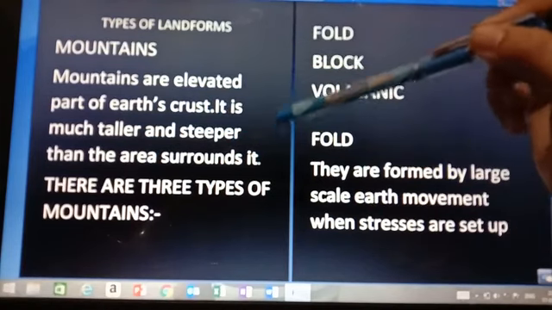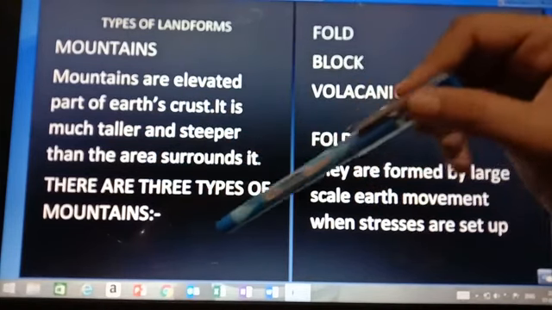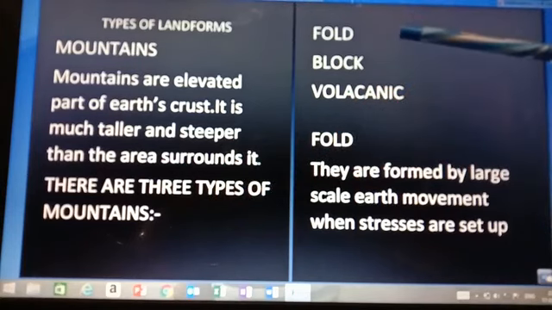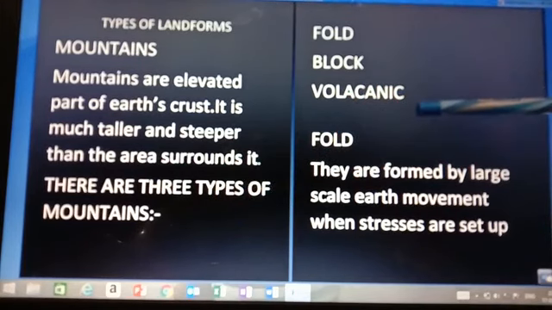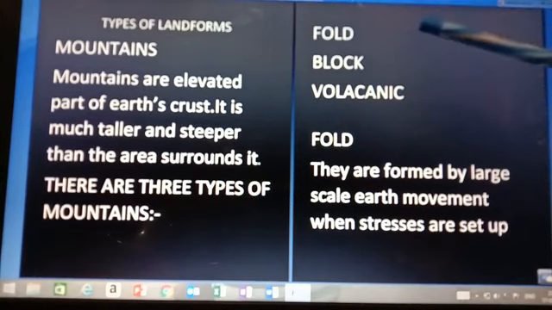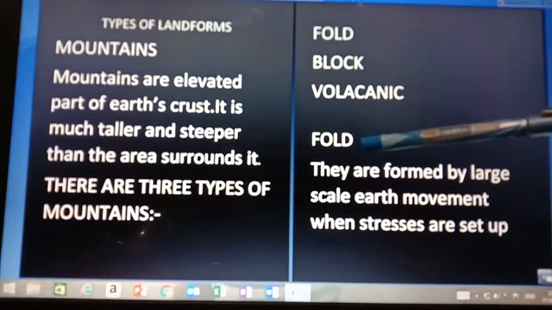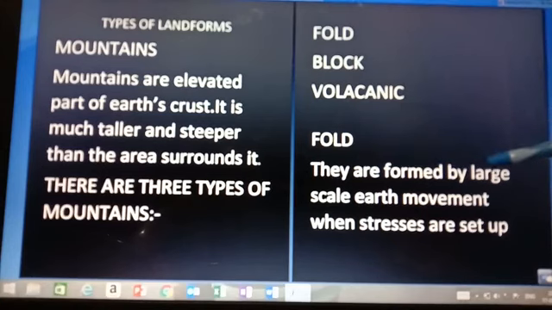The sides are steep. Okay, and there are three types of mountains basically: fold mountain, block mountain, and volcanic mountain. Okay, fold, block, and volcanic. What are fold mountains, children? They are formed by large scale earth movement when stresses are initiated.